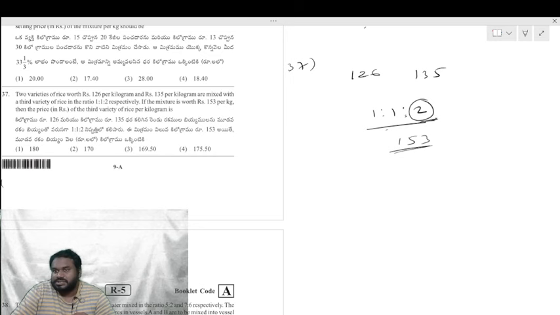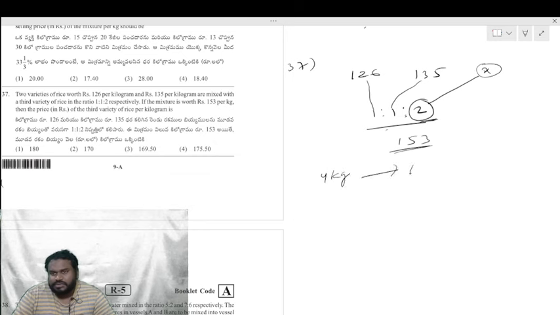this rice rate. Okay, just assume for 126 he took 1 kg, for 135 he took 1 kg, and for this one, whose rate you don't know, he took 2 kgs. So total 4 kgs of rice he took. 126 plus 135 plus 2 into x.